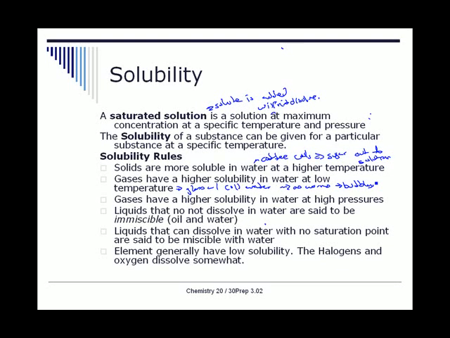Generally speaking, elements in their pure form have low solubility, with the exception being halogens, those group 17 gases, and oxygen. They are slightly soluble in water.